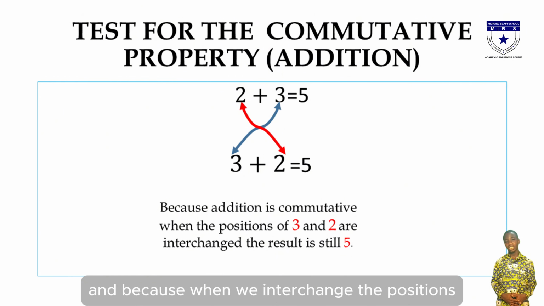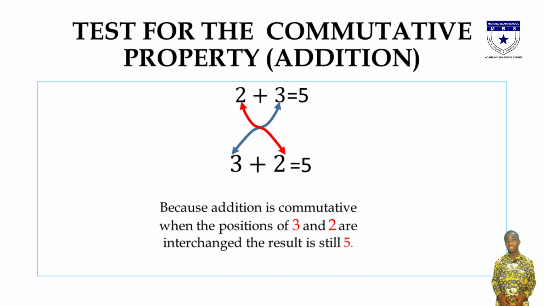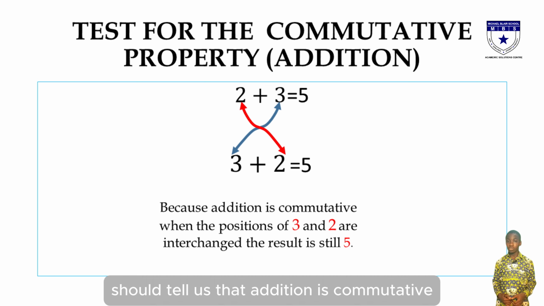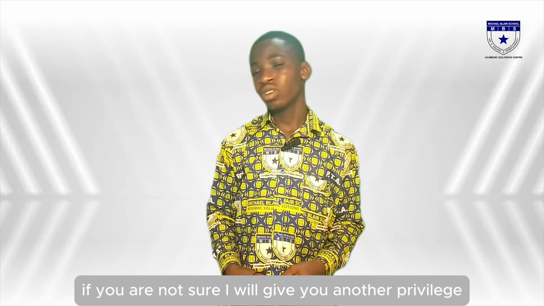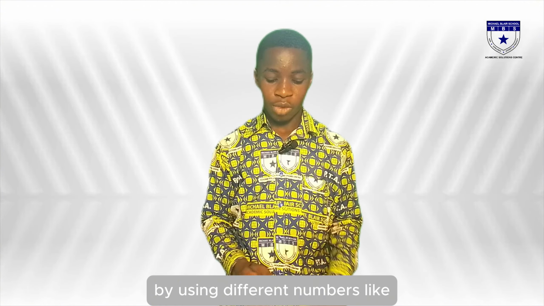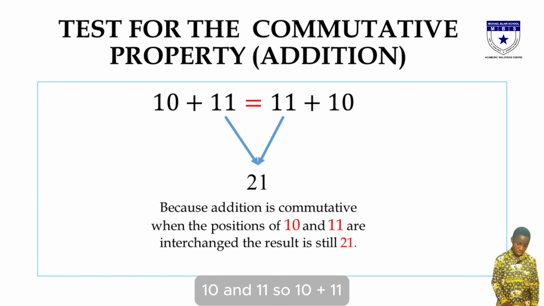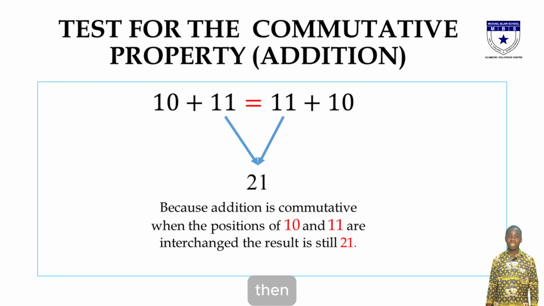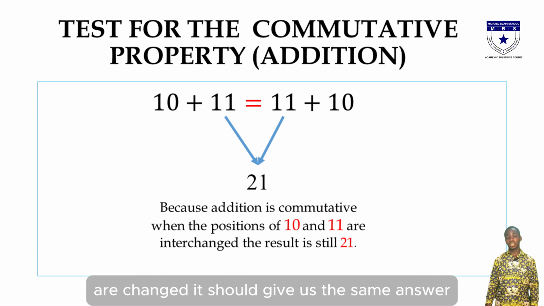And because when we interchange the positions, we got the same answers on both sides, it tells us that addition is commutative. If we are not sure, I will give you another test for the commutativity of addition by using different numbers like 10 and 11. So 10 plus 11. If addition is commutative, then when the positions of the things involved are changed, it should give us the same answer.